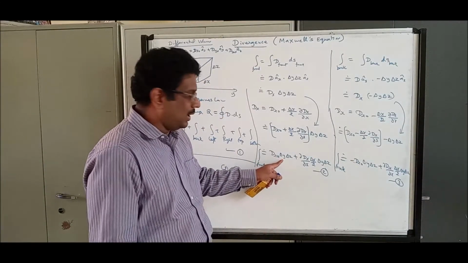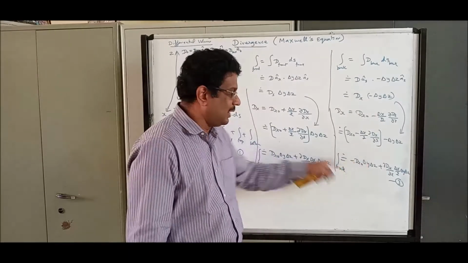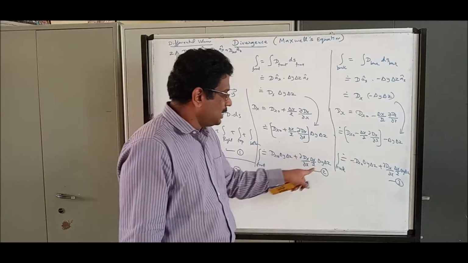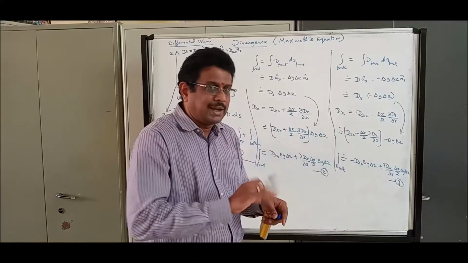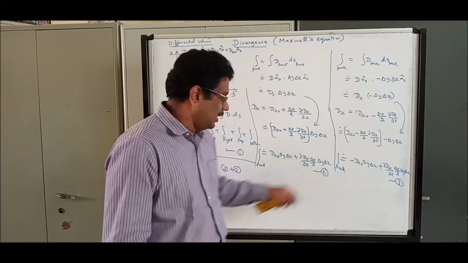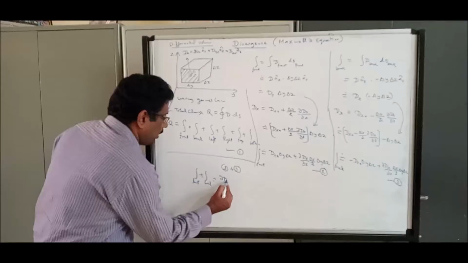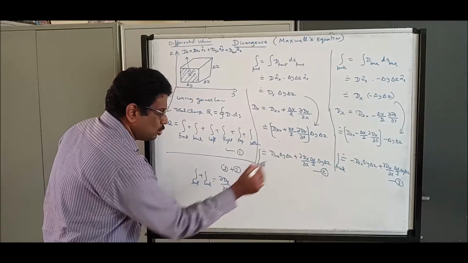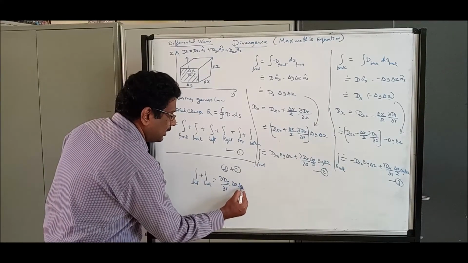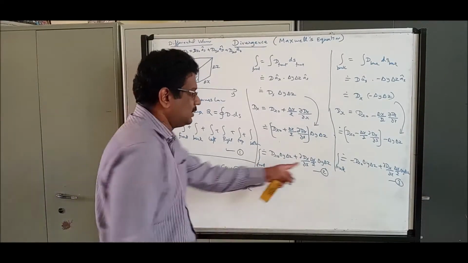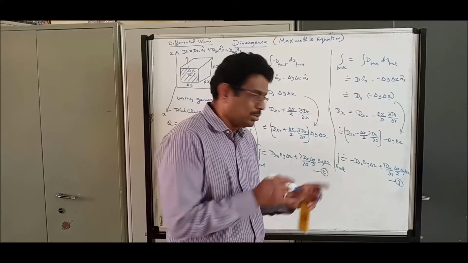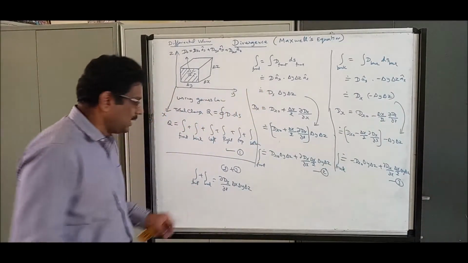Dx0 delta y delta z minus Dx0 delta y delta z will get cancelled, am I right? These two terms are the same. The other terms you add two times, and the 2 cancels, so the result will be ∂Dx/∂x delta x delta y delta z. So this is for front and back.